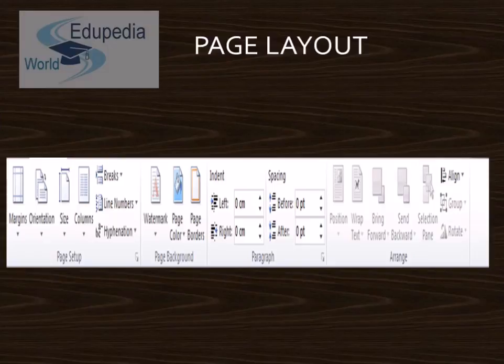The watermark is simply a registered mark which will come on each and every page of your document. It is just to register your document so that no other person can take it or make it their own document. If you have set a watermark in your document, it will appear throughout your document.